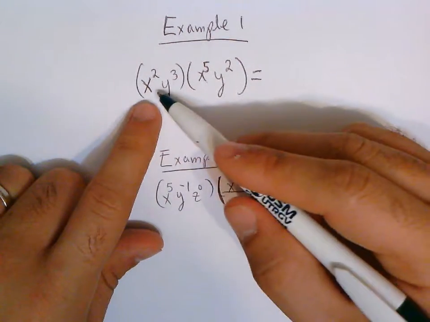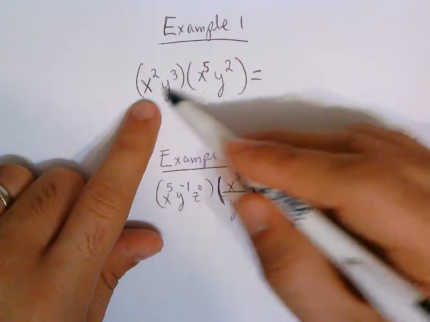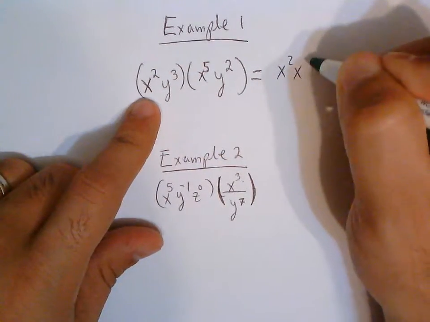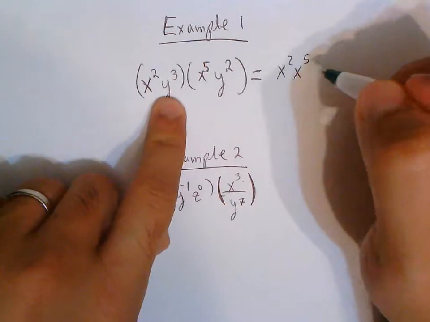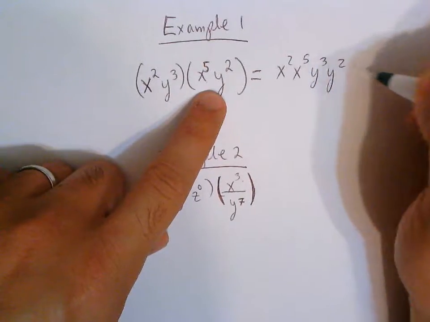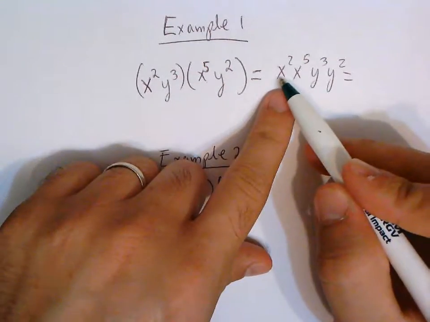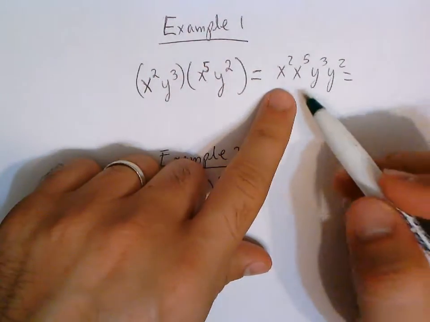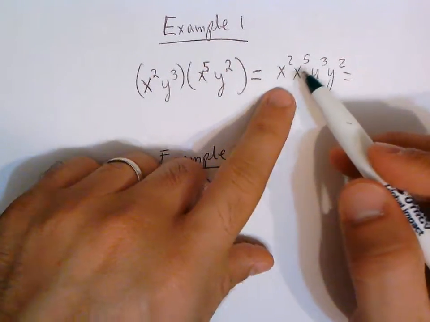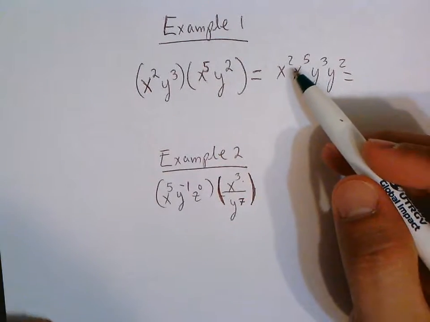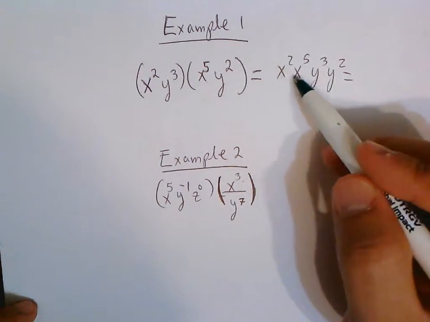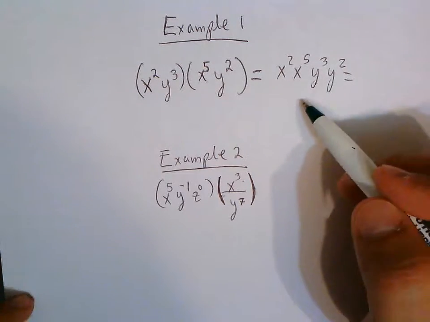power property. And well, I can rewrite this in this way: x to the power of 2 times x to the power of 5, and then I have y to the power of 3 times y to the power of 2. If you notice, all my terms are being multiplied, but the only exponents that I can combine are those that have the same base. In this case, the ones with the x's and the ones with the y's.